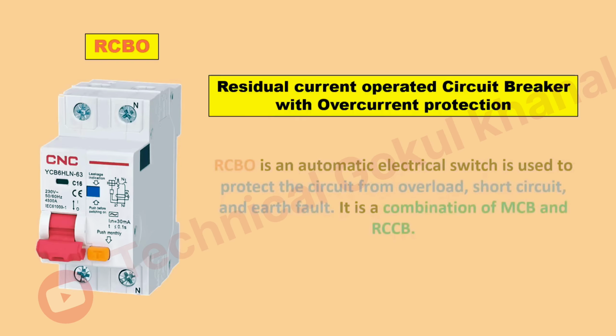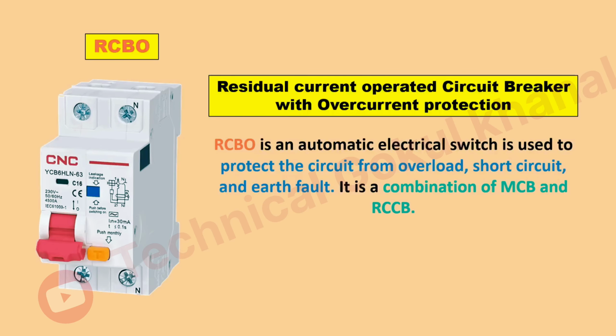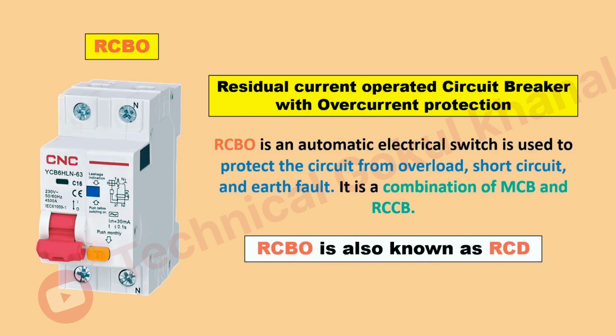So through RCBO you will get overload, short circuit and earth fault protection. This RCBO we are talking about is also known as RCD. Many people have a doubt in their mind that the RCBO and the RCD are different devices, but it is not like that. This RCBO is also known as RCD.